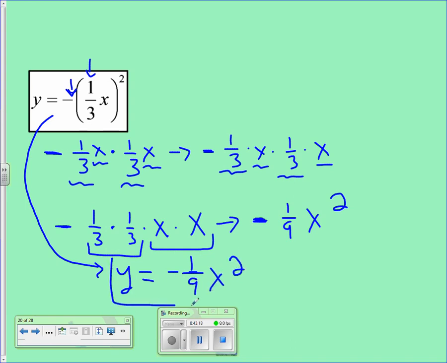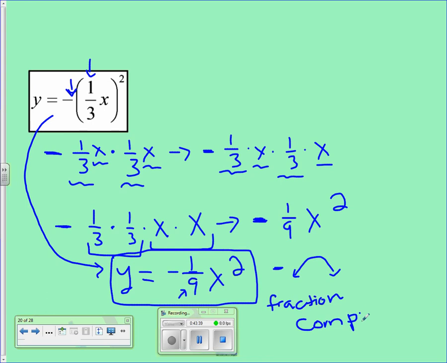So now I have my a value out in front right there. And I can say, okay, it's negative, so I know it opens downward. And I know it's a fraction, so I know that it is a vertical compression. Okay, so it gets wider.